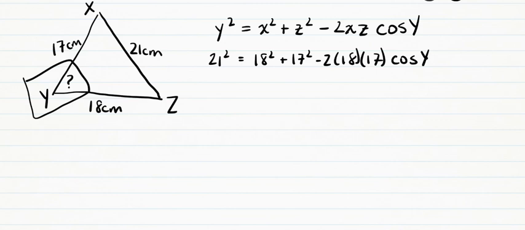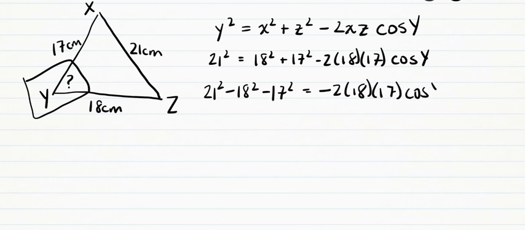That will get us a little bit closer to isolating for angle y. So if we do that, we have 21 squared minus 18 squared minus 17 squared is equal to negative 2 times 18 times 17 times cosine y. And again, I'm just trying to not do any calculations until that very last step, just to make sure that I'm not rounding multiple times within one question.